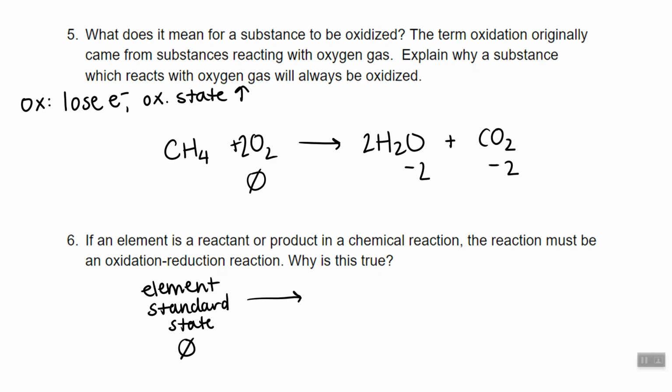And then if we form any compound, then the oxidation state is no longer 0. So that compound is going to have different oxidation states than the pure elements. So we know that this is oxidation reduction because we have a change in the oxidation state.